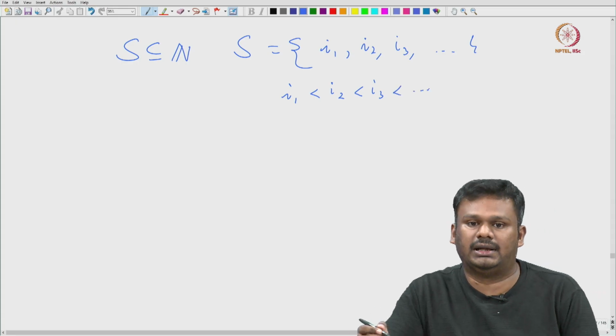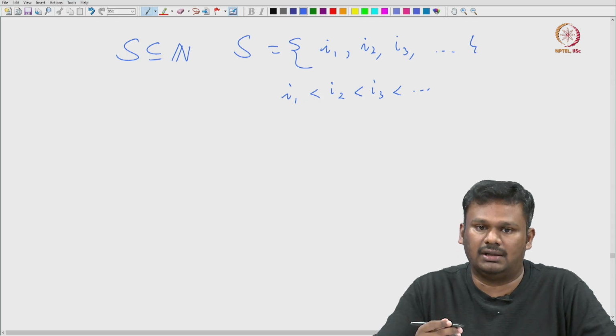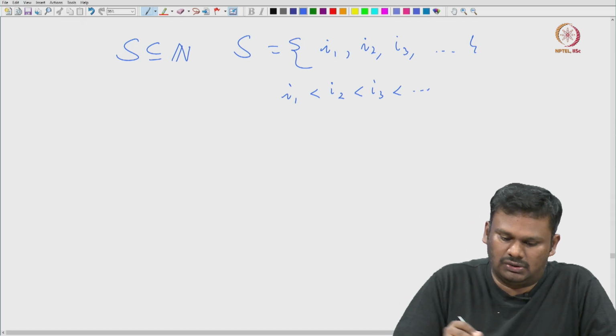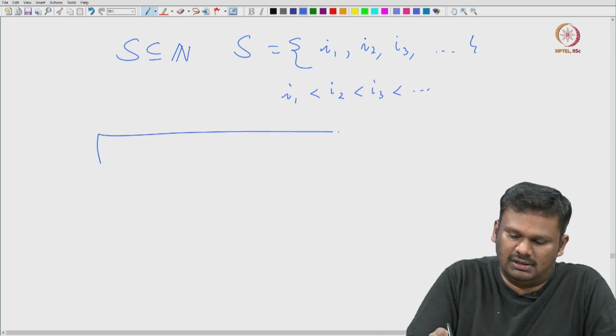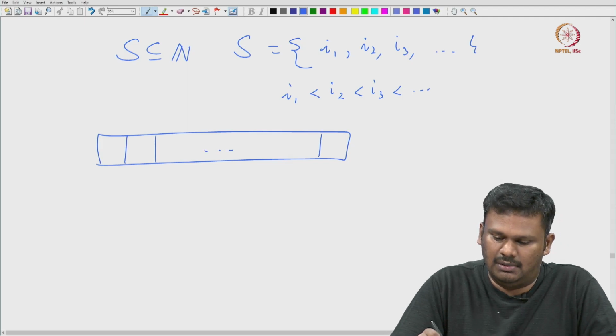Depending upon that, we will get either finitely many i_j's or infinitely many i_j's. So, now instead of taking finitely many boxes, we will be taking infinitely many boxes here.